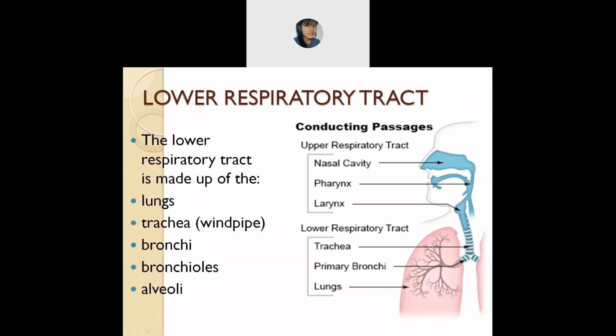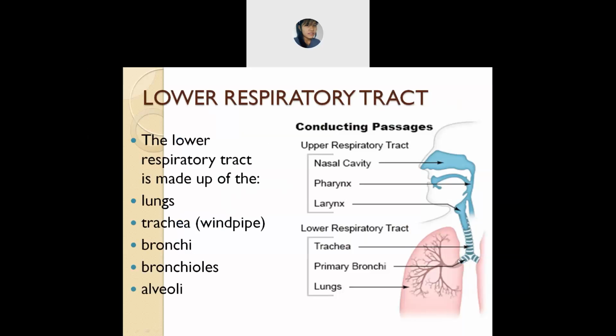So this is the lower respiratory tract. In the lower respiratory tract, what will you find? What are the parts? You will find lungs, then trachea. This is trachea, also known as windpipe. Then next is bronchi. Bronchi you will get on both sides of the lungs. You have two lungs, so they are attached.